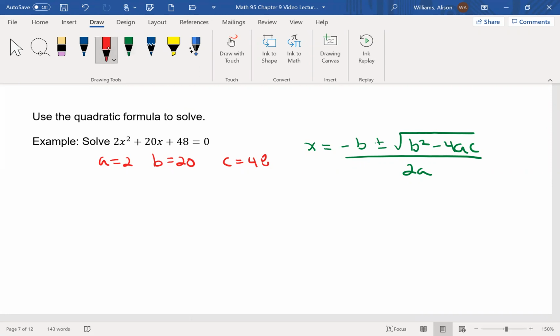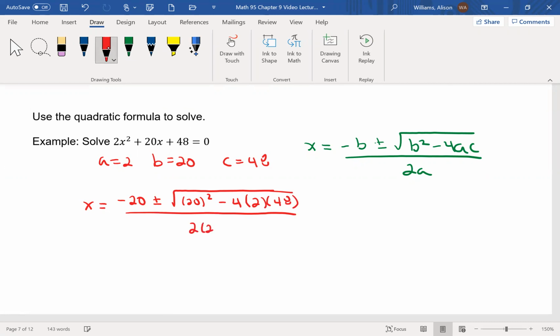Okay, so let's go ahead and plug in our A, our B, and our C into this formula. So B is 20, so this is going to become negative 20 plus or minus the square root of 20 squared minus 4 times 2 times 48 all over 2 times 2.